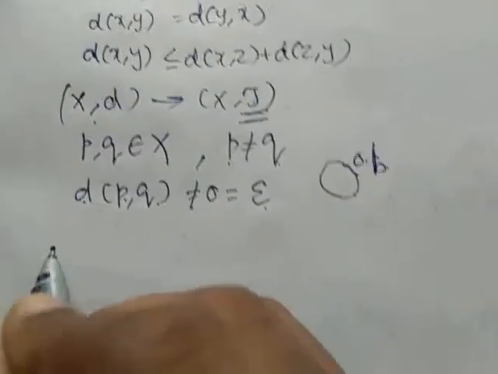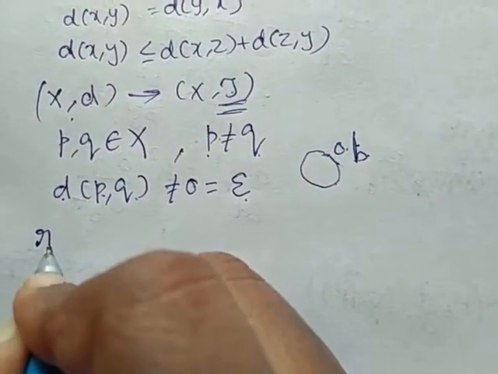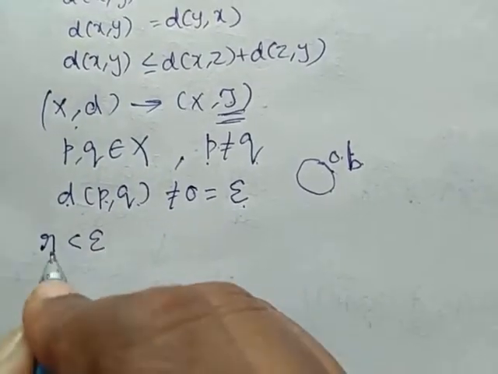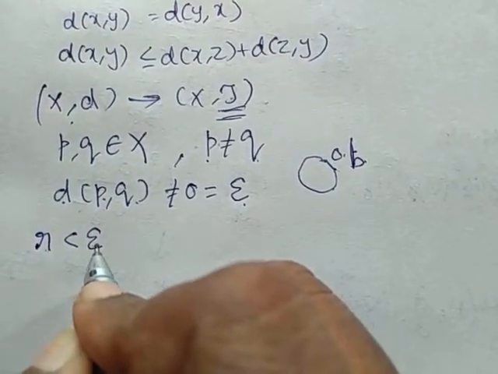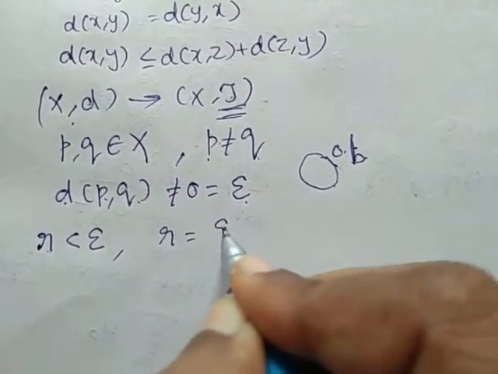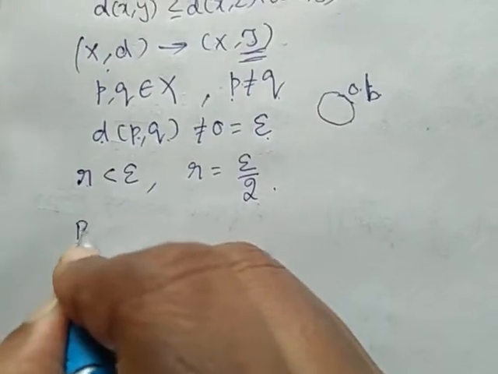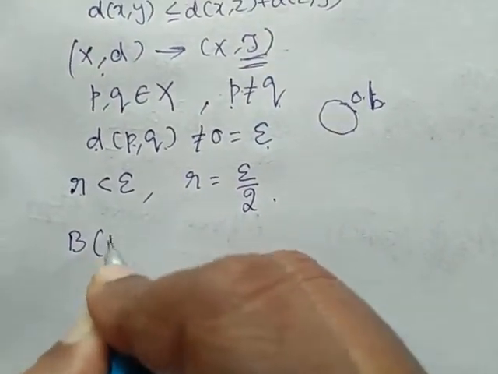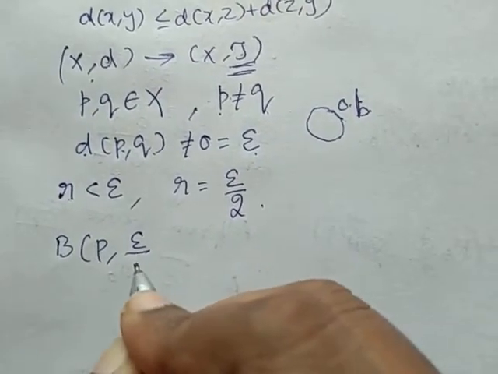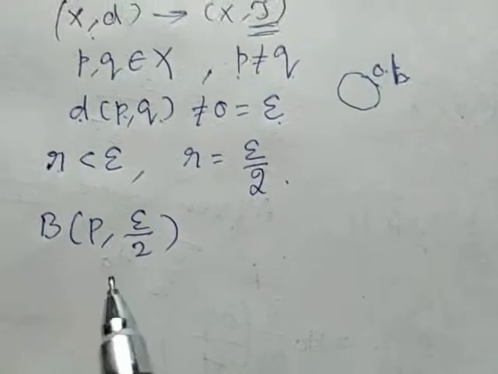So consider r, the radius of the open ball. r should be less than epsilon, say I am taking r as epsilon by 2. How do we write an open ball?